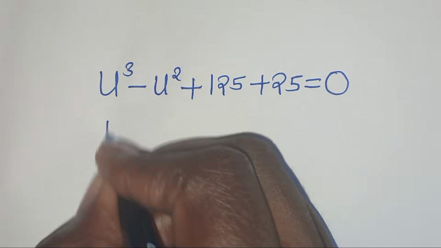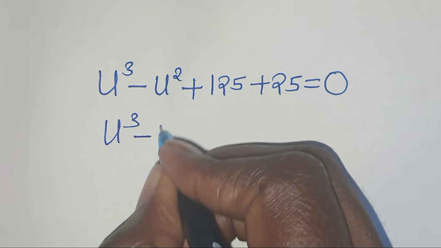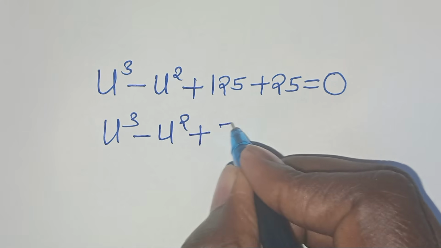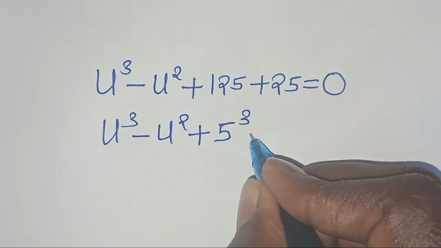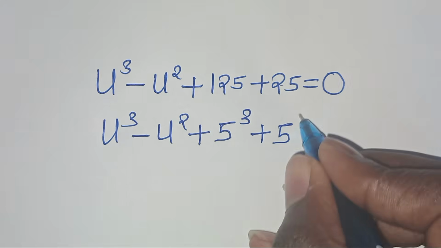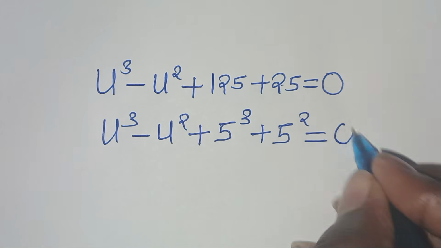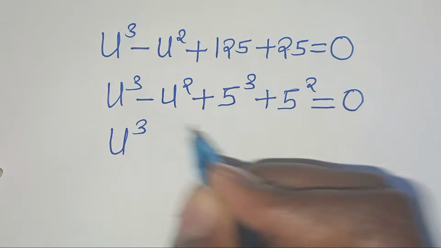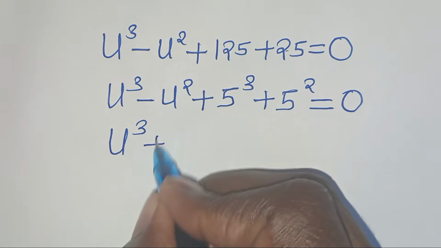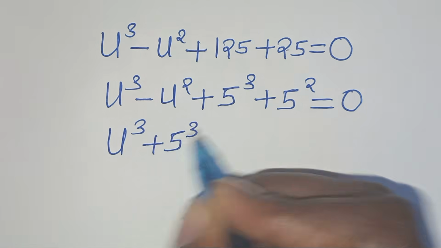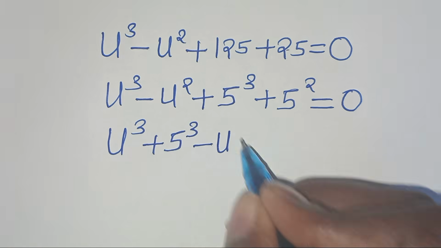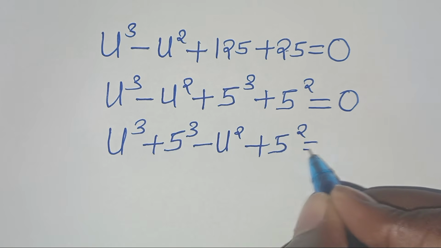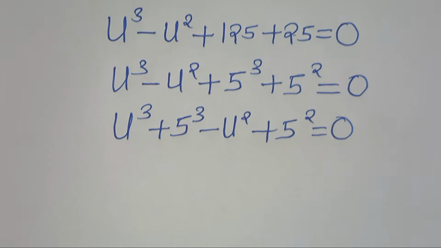Now we have u to the power of 3 minus u to the power of 2 plus 125, which is the same thing as 5 to the power of 3, then plus 25, which is 5 to the power of 2, equal to 0. So we have u to the power of 3 plus 5 to the power of 3, subtract u to the power of 2, then plus 5 to the power of 2, equal to 0.